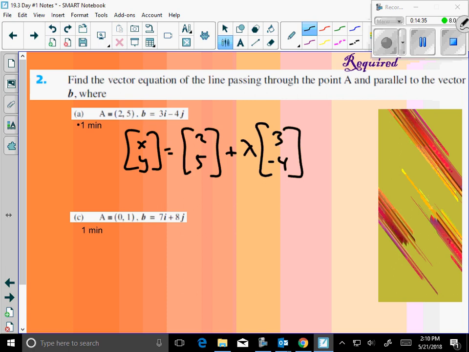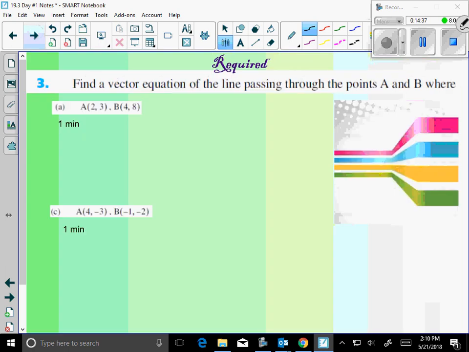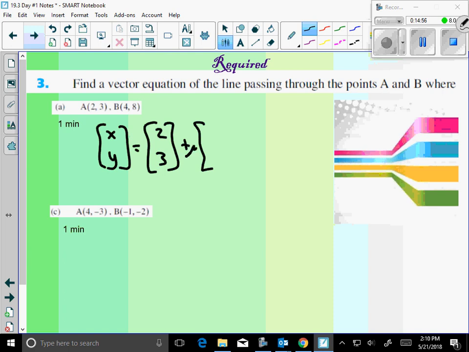Oh, cool. All right, find a vector equation of a line passing through the points A and B. Oh, no. Well, I know that any point on the line can be represented by starting at a point. Thanks, Chloe, for giving me a difficult one last time. I'm going to use a different variable. It's going to be scary.